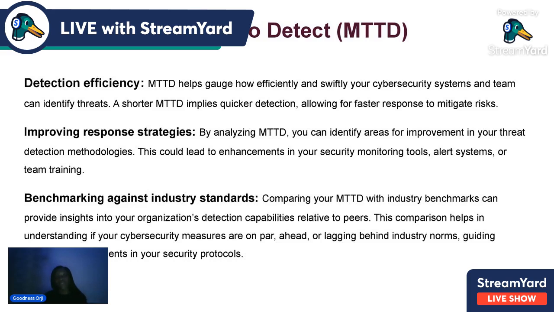By analyzing your mean time to detect, you're able to identify areas for improvement in your threat detection methodologies. If you're in cybersecurity, especially in a SOC, you see that this is one very, very important metric, because it's always on the plate: how can we improve detection time? And then you get to see people embrace automation, in such a way that something is happening now, say a user account is disabled, and the system flags it.